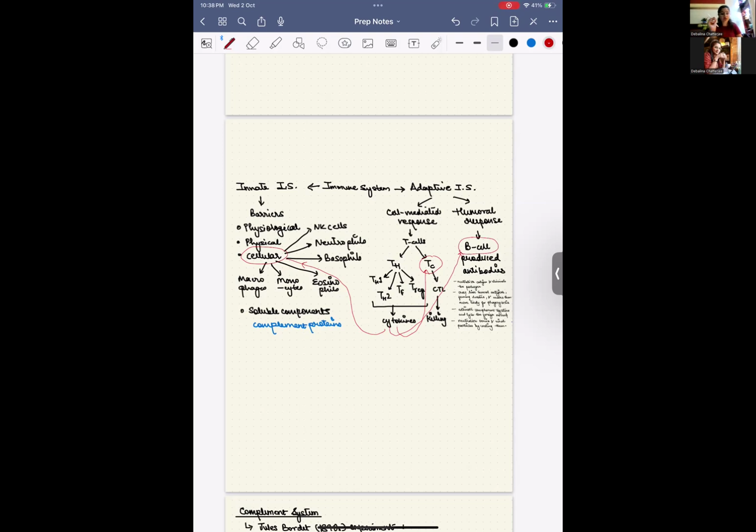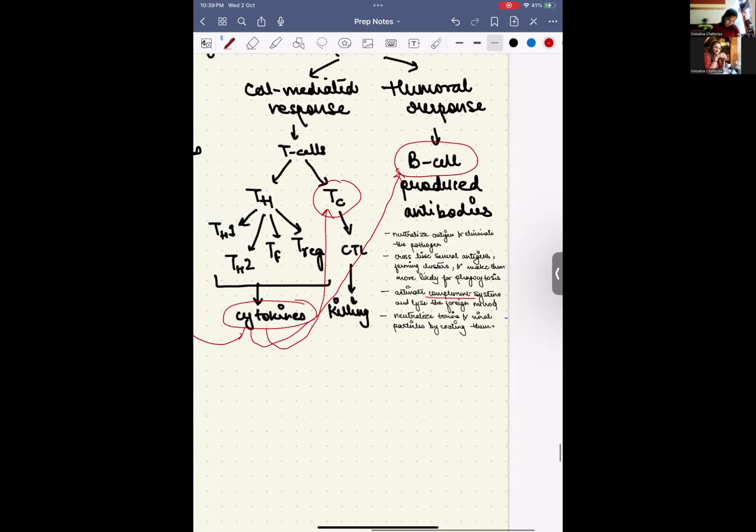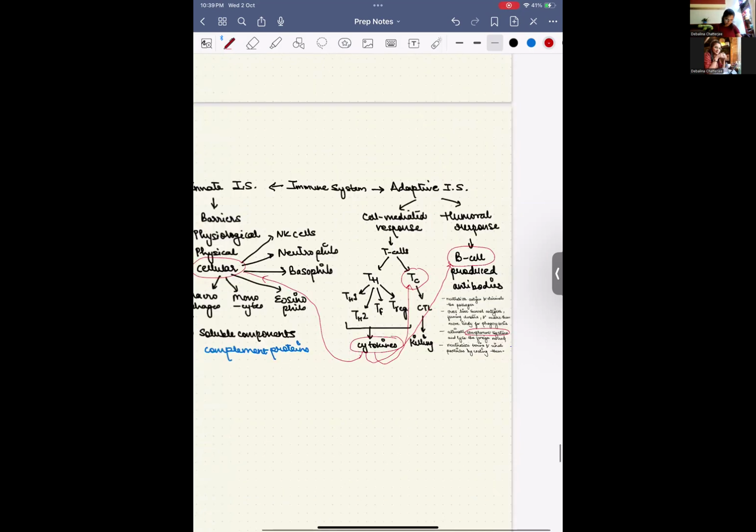So one instructing molecule common to both the adaptive and the innate immune response is the cytokine. Cytokines are a common instructive molecule, and a common effector molecule is the complement system.